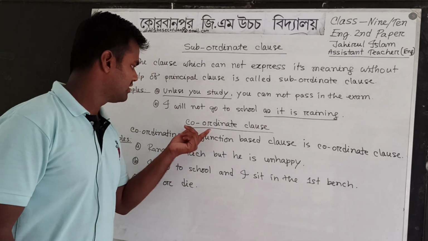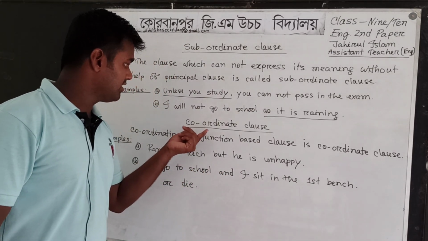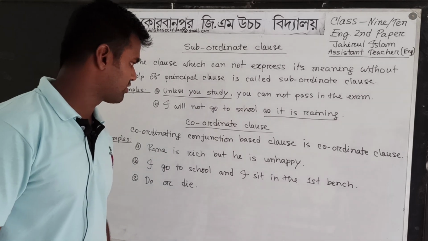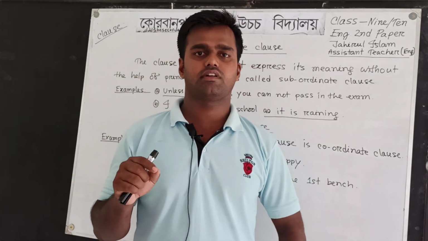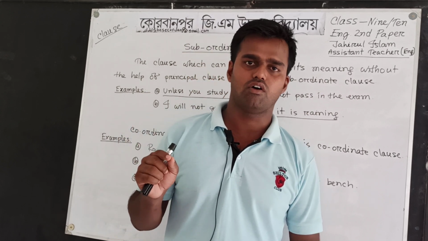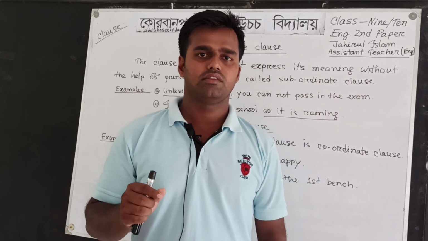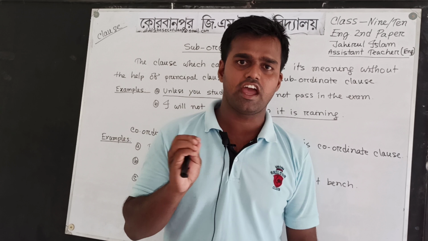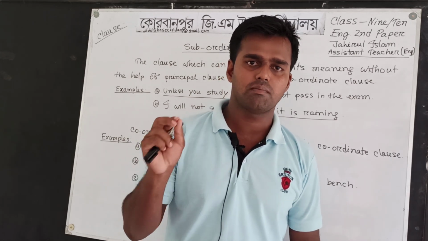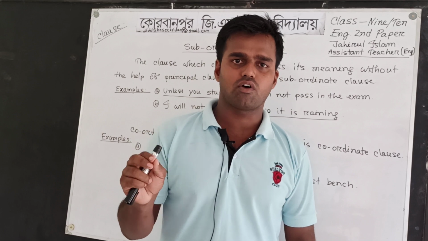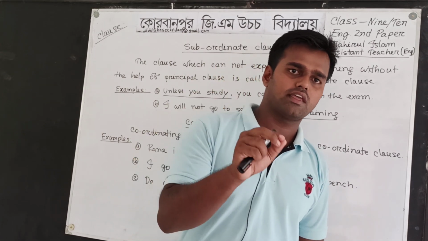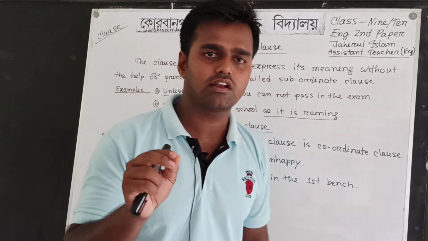Now I am telling the definition of coordinate clause. Before that, I would like to share with you the coordinating conjunctions. There are some coordinating conjunctions: and, but, or, not only but also. If you see these words in a sentence, then it is a coordinate clause.